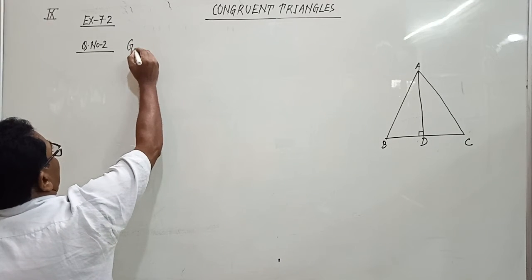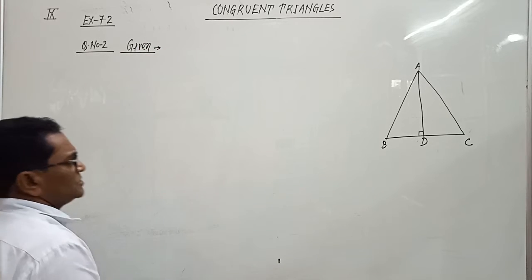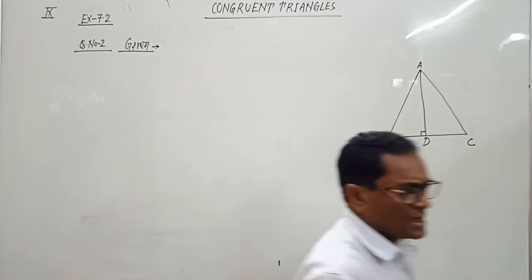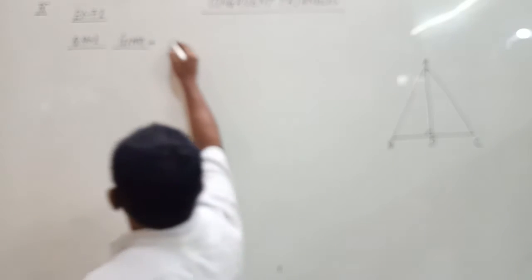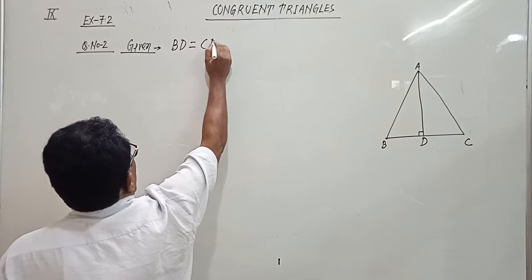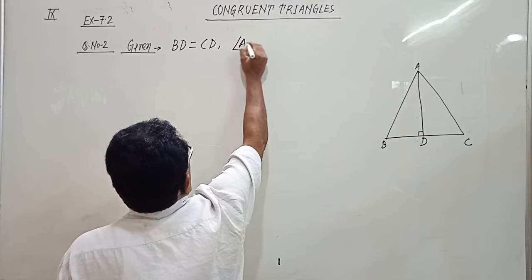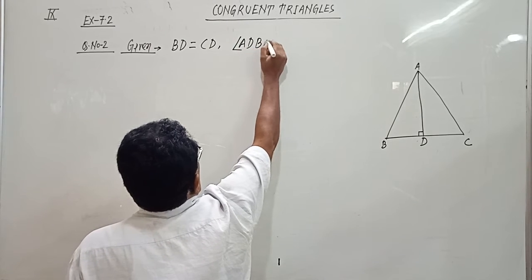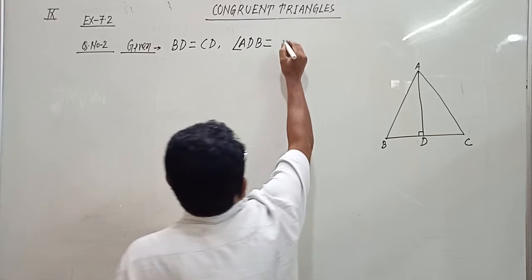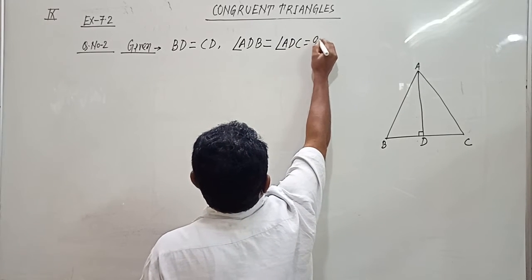So in this question we have given that AD is the bisector of BC. It means BD equals CD, and also angle ADB equals angle ADC equals 90 degrees.